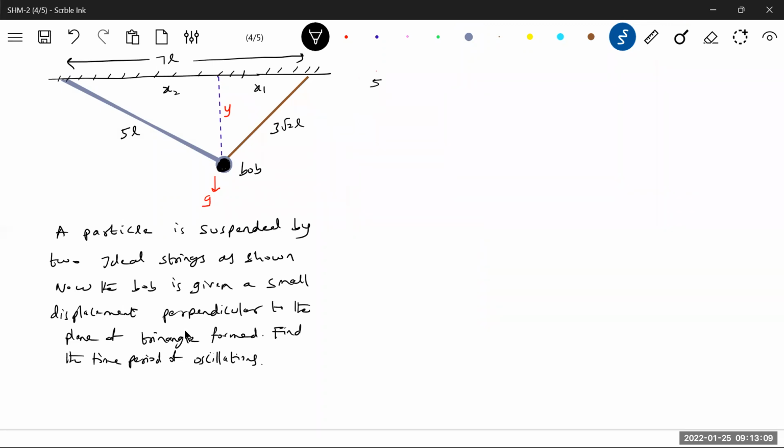Applying the Pythagoras theorem, 3 squared, this will be 9, into 18L square. Keep it here.